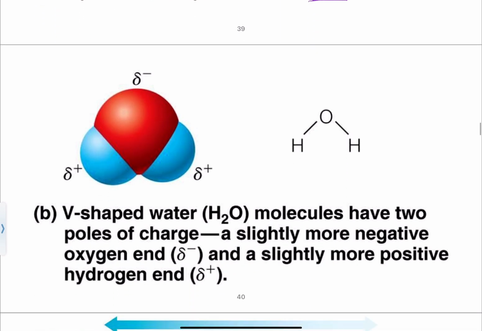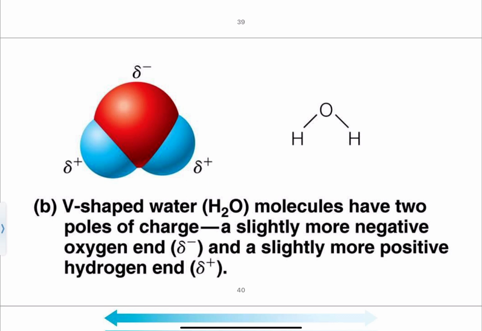A really good example of a polar covalent bond are the bonds between the oxygen and hydrogen atoms in water. Oxygen is more electronegative than hydrogen, so it's going to pull on the electrons a little bit stronger than hydrogen. Because it pulls on those electrons a little bit more, it's going to end up bearing a partial negative, while the hydrogens are going to bear the partial positive. This symbol right here just means partial.